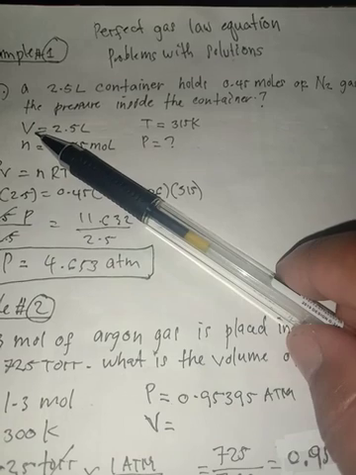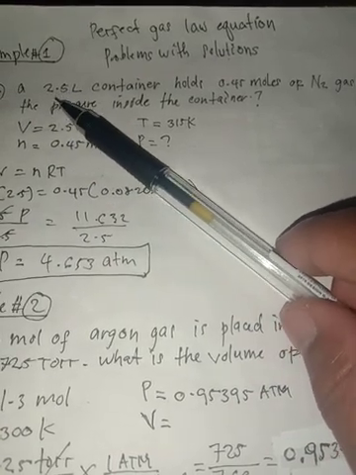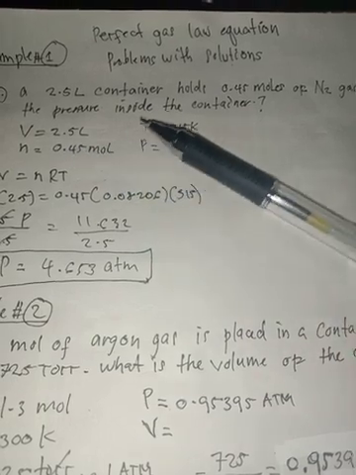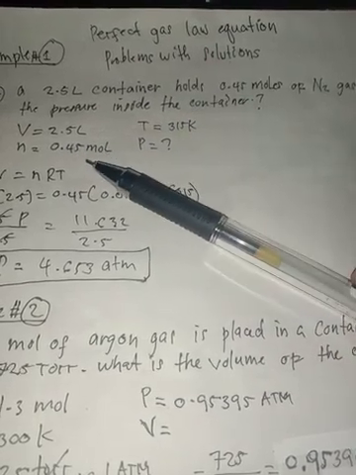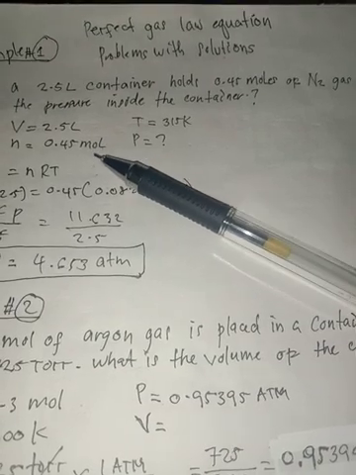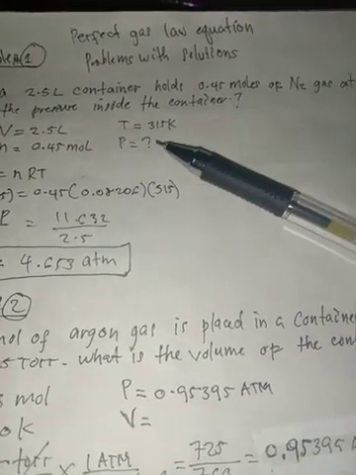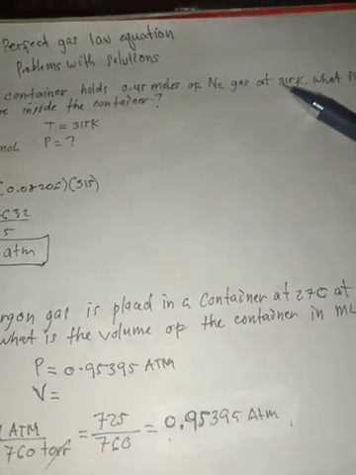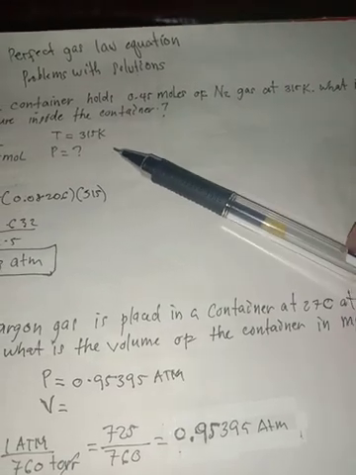So volume is in liters, 2.5 liter. The number of moles is 0.45 moles. The temperature is in Kelvin, so 315 Kelvin.